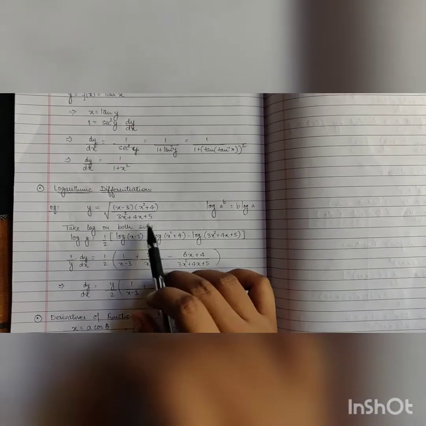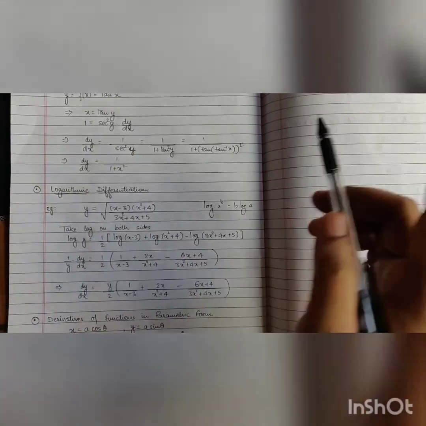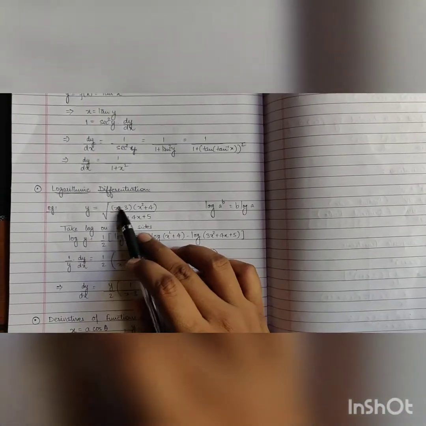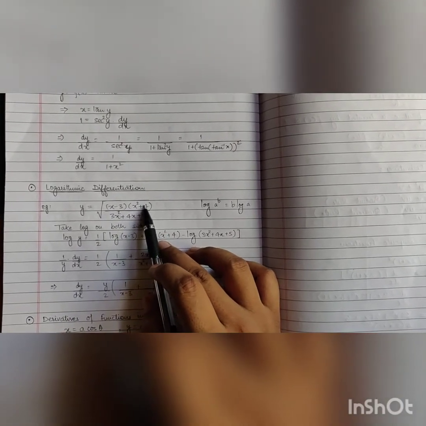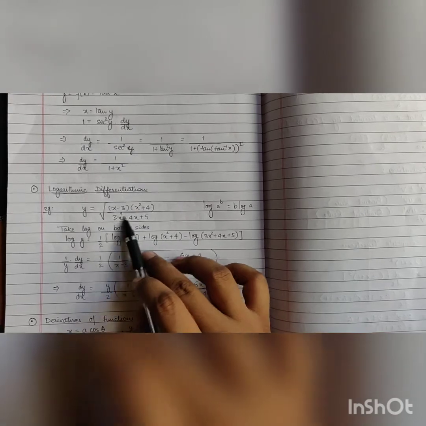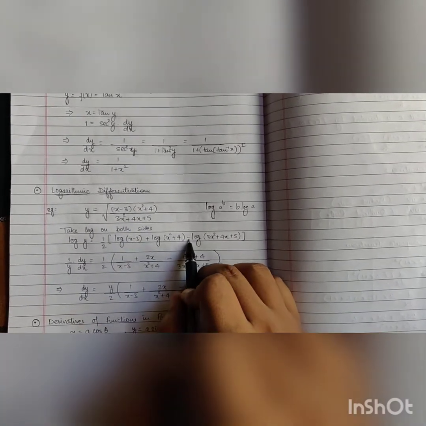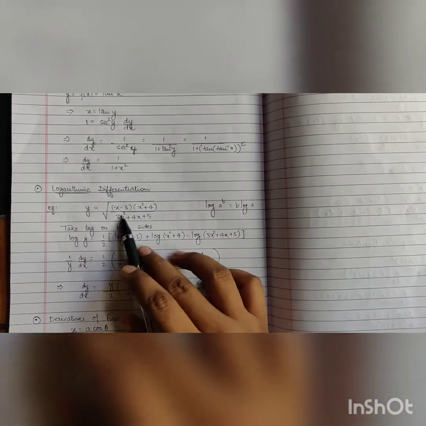Since these two are multiplied, we use log m plus log n, so we get log of x minus 3 plus log of x square plus 4. Then this is in the denominator, getting divided, so I'll get a minus sign, minus log of whatever is in the denominator.